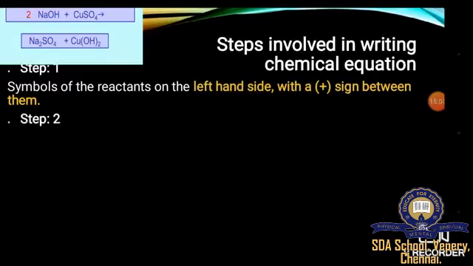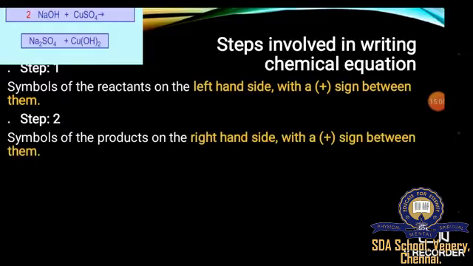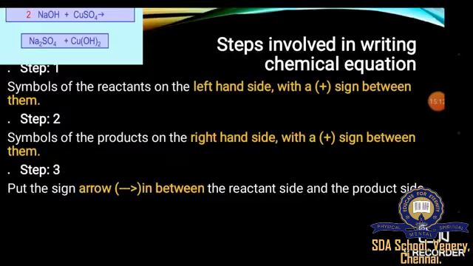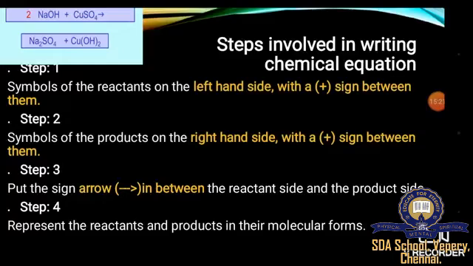The second step is product is written on the right hand side with the plus sign in between them. Then for reactant and product, an arrow is drawn in between them. The last step is reactants and products are written in their molecular form. These are the 4 steps involved in writing a chemical equation.